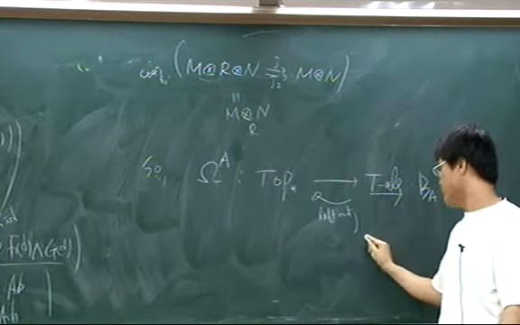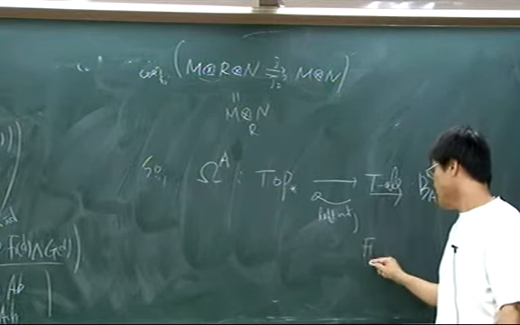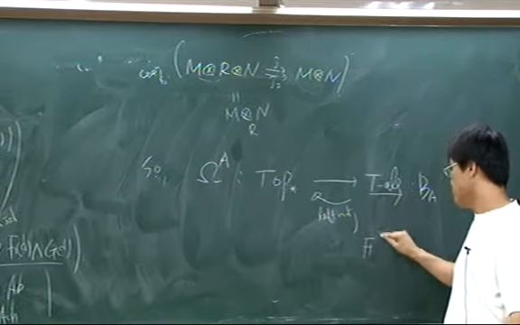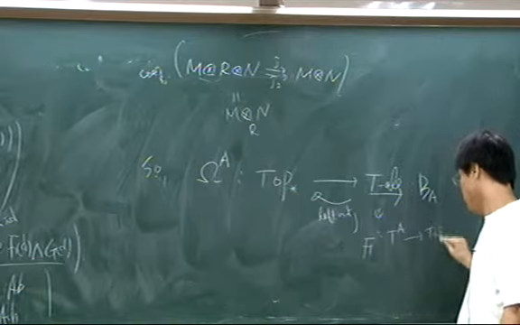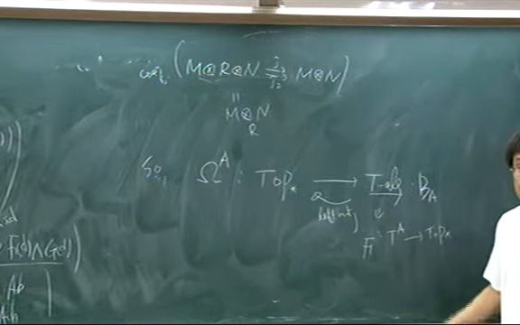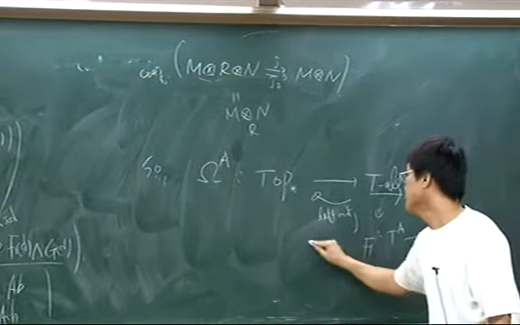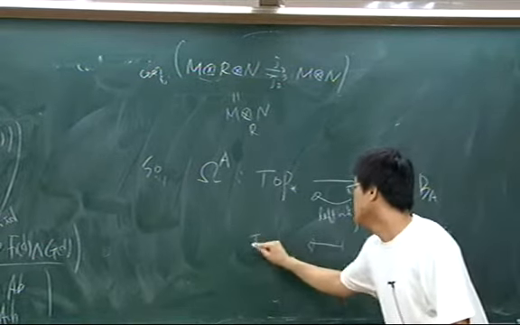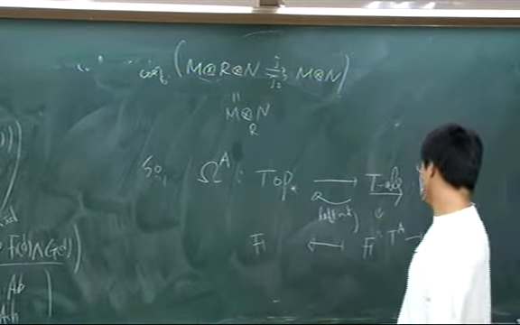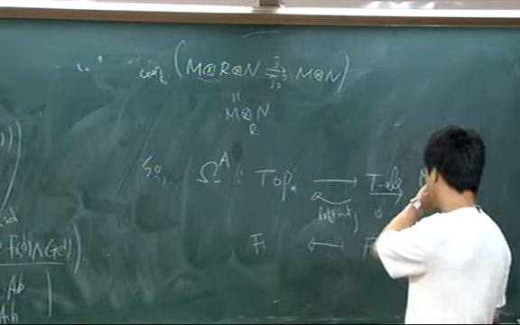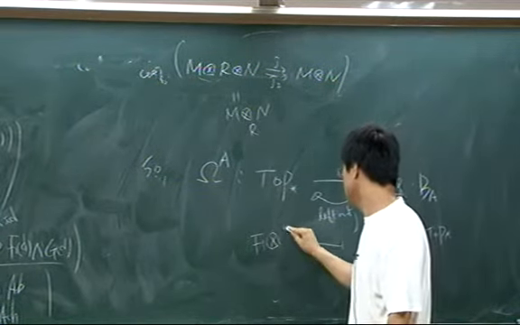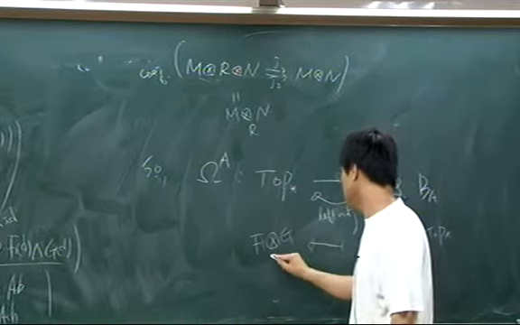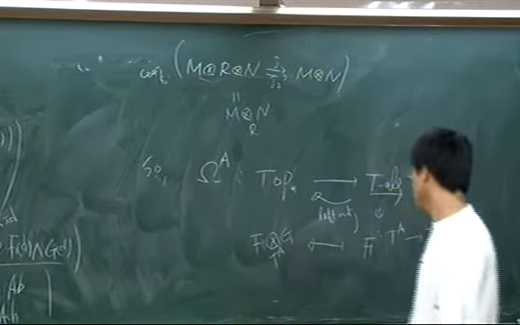So if you have some functor here, F is a functor, this is TA to such a functor, right? And this goes to F tensor G over TA.